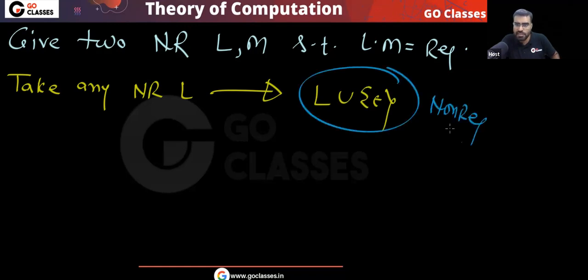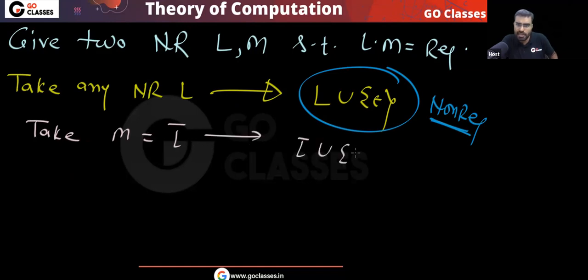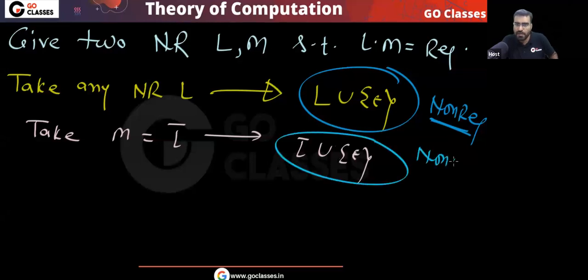Take M equal to L complement, and add the empty string to it. We are only adding the empty string to a non-regular language.